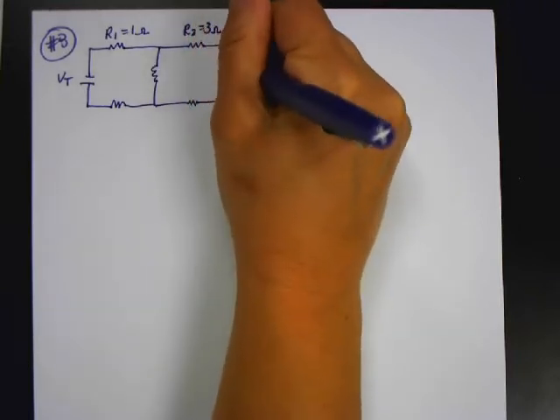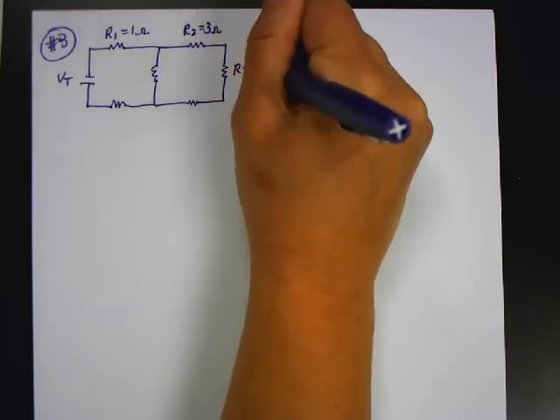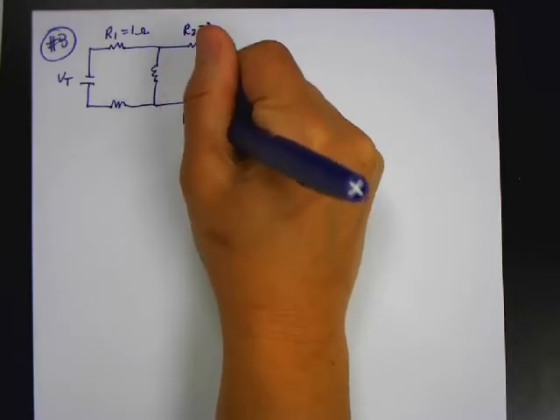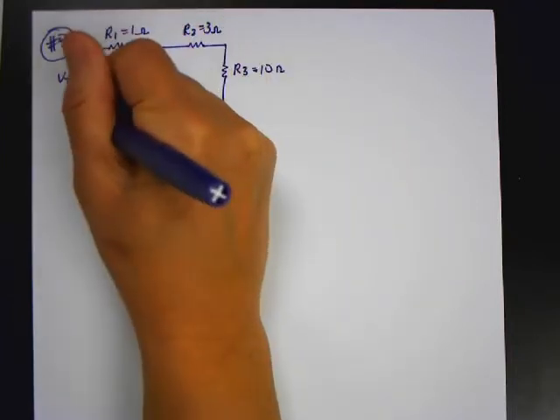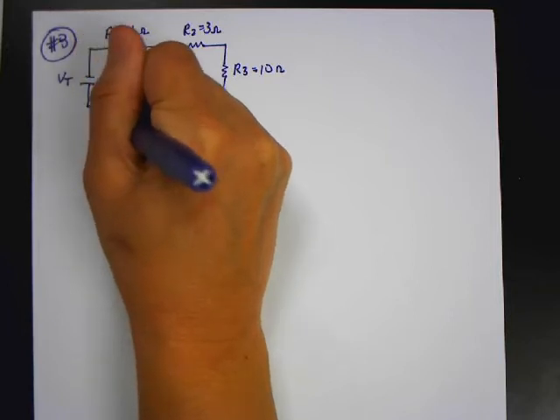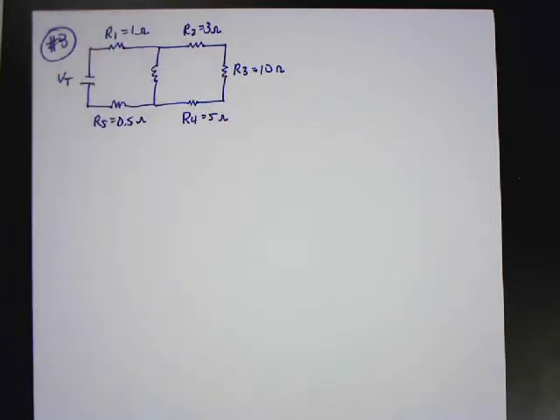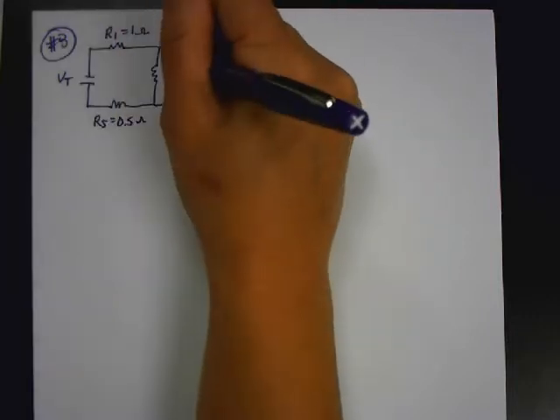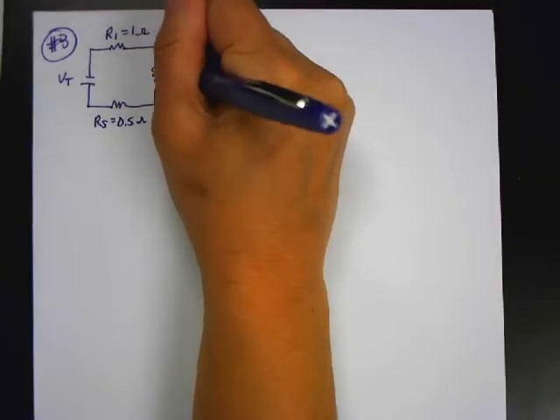But the key is you're still going to simplify, simplify, and simplify until you have one equivalent resistor. So I just copied this because I'm going to use my schematic diagram to go backwards to do this.